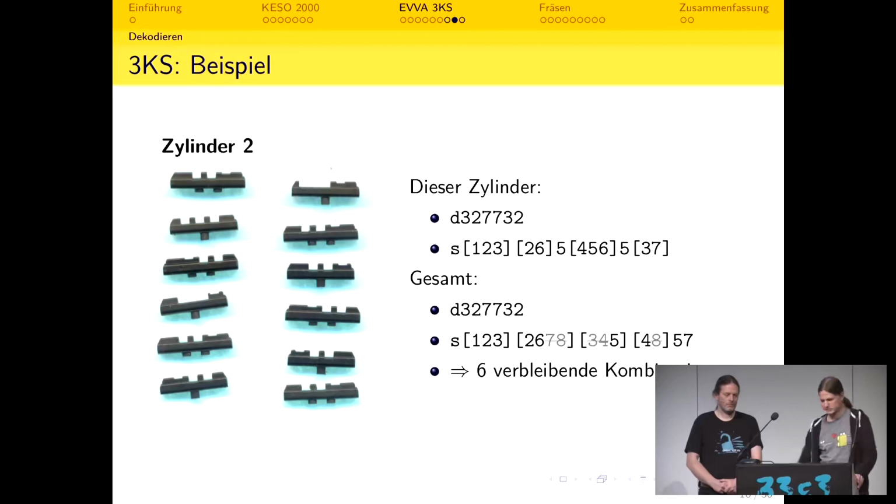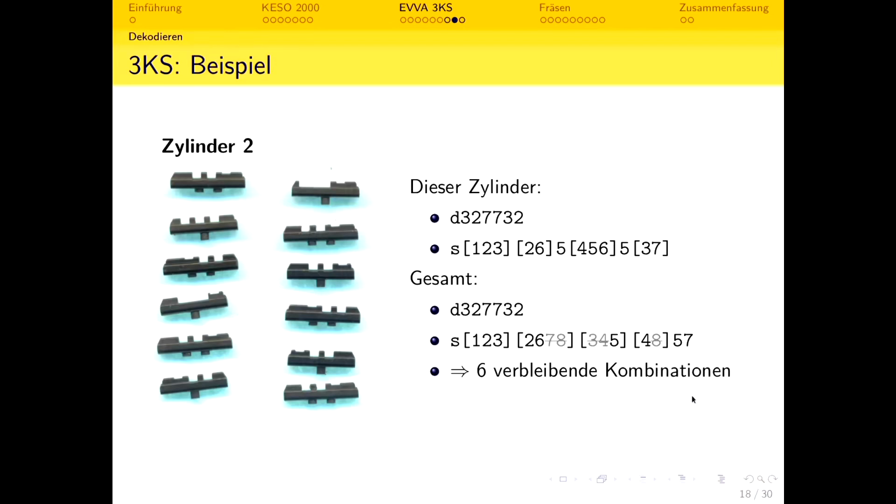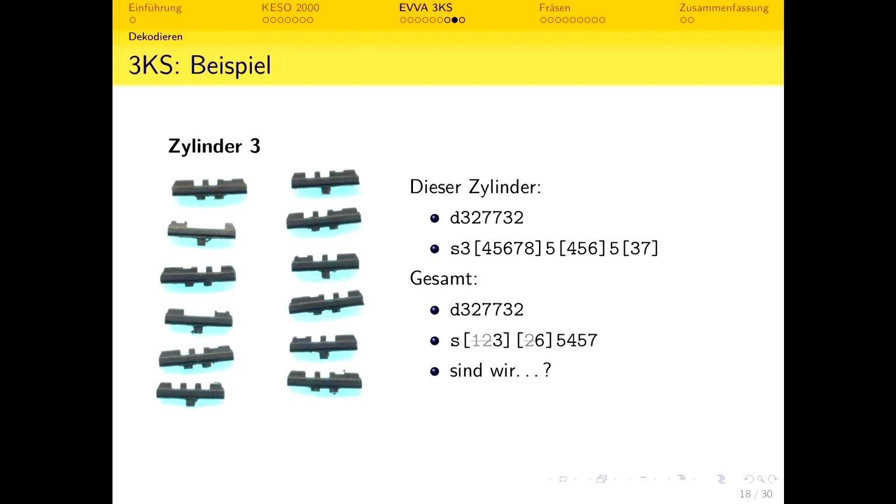If we do the same for the next cylinder, we already know it's a double. We already know the double curve, but the single curve gives us different possible combinations, and that excludes quite a lot of combinations. We only have 6 possible combinations left.